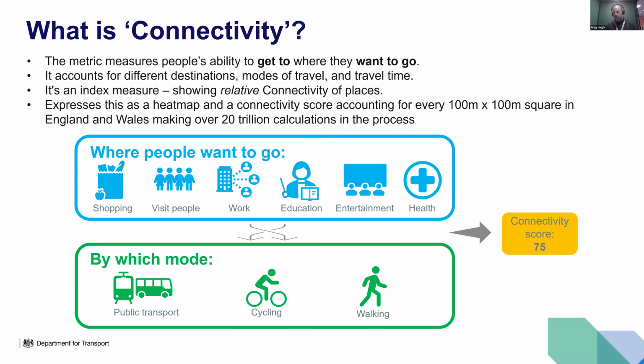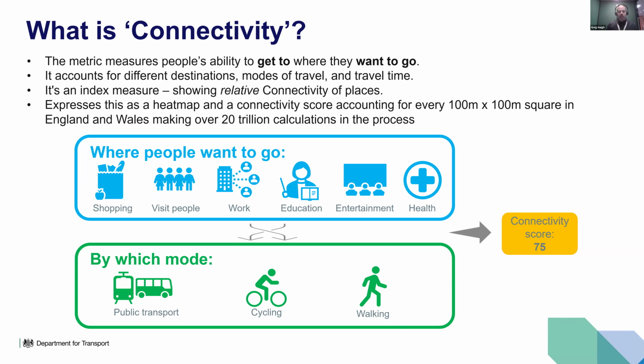So we calculate a score between 0 and 100 to make representation a bit easier. Effectively, a score of 100 is assigned to the most connected place across England and Wales. And a score of 0 is effectively a place where you can't really get anywhere within the time period that we consider.